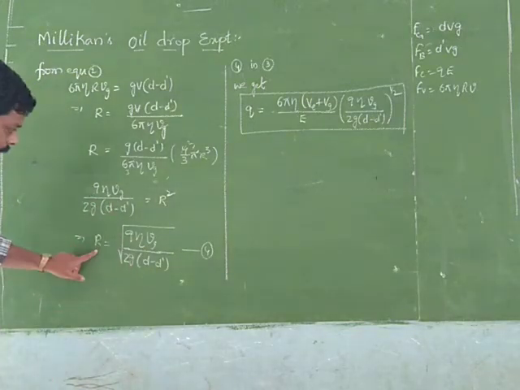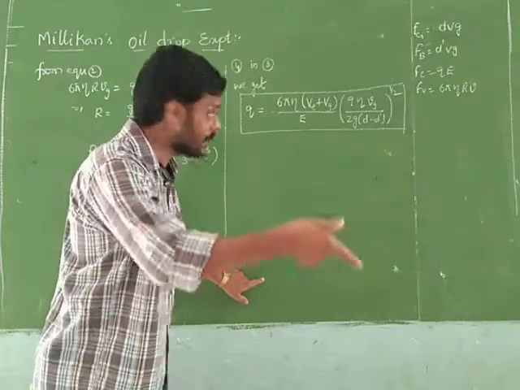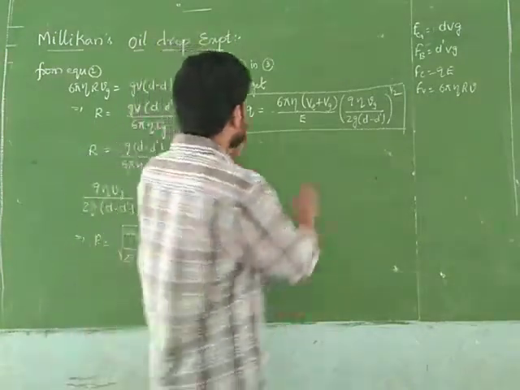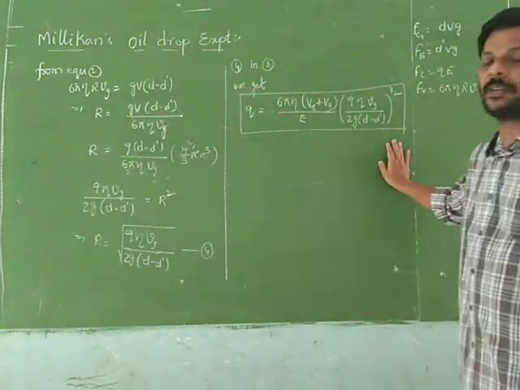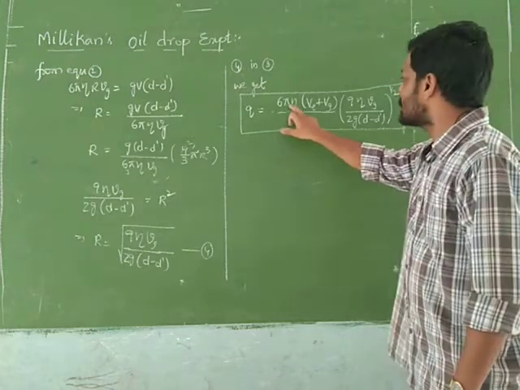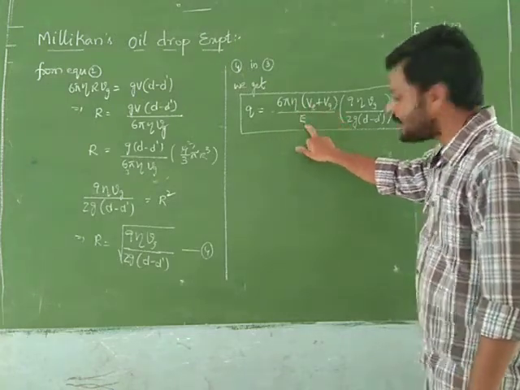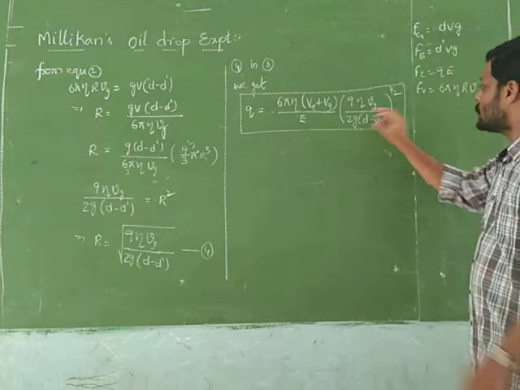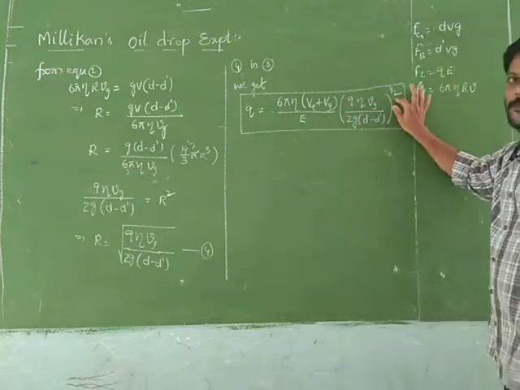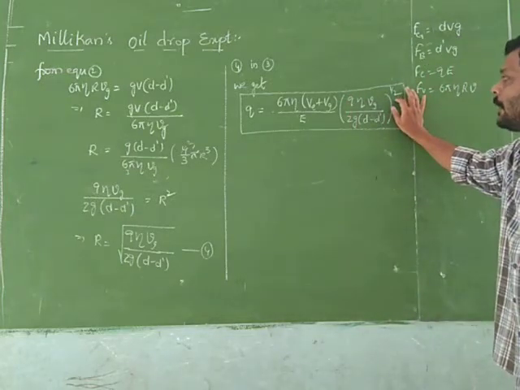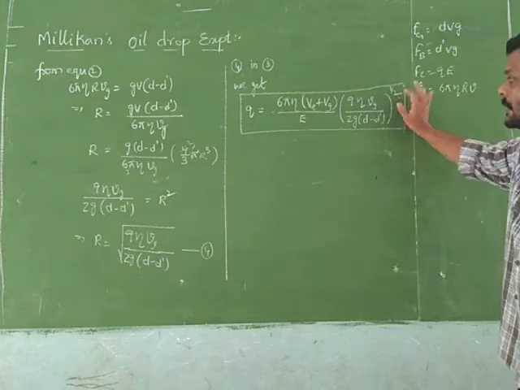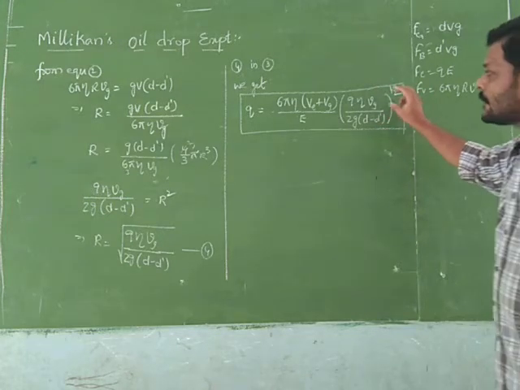Now, if the value of r is substituted in equation 3 and simplified, then in this small expression, Q is equal to 6 pi eta (Ve plus Vz) by capital E into something, root over, power half. In this expression, I know each and every value here.